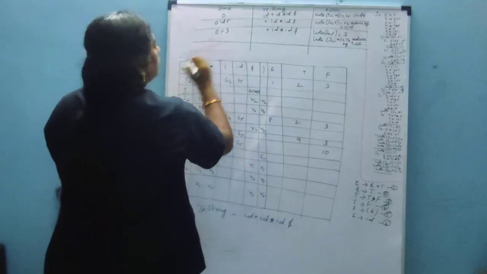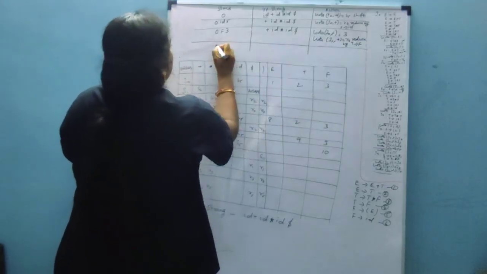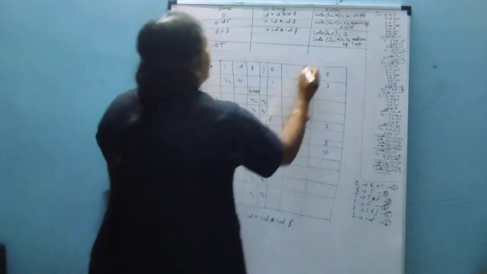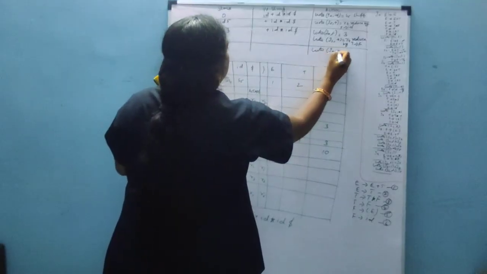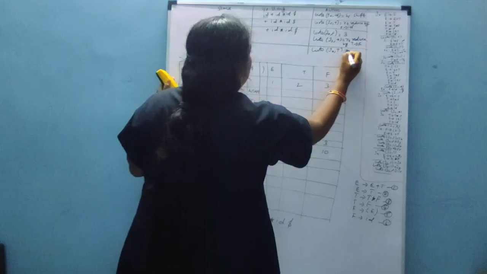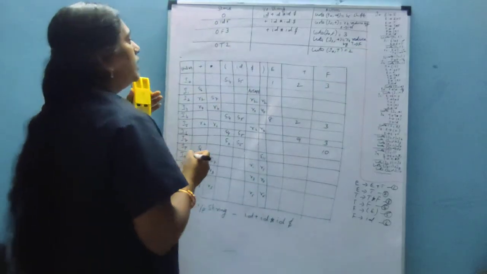Now T tends to F, so 0, F is replaced as T. Now go to I0 comma T. So I0 comma T as 2. So I am adding 2 here.